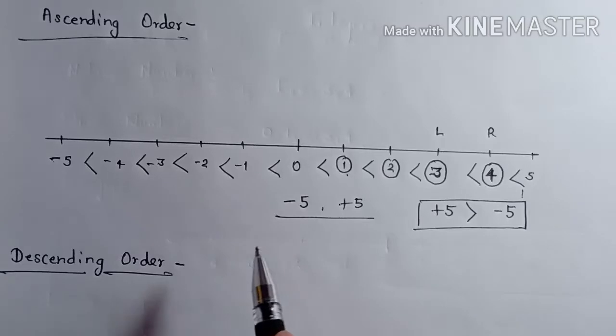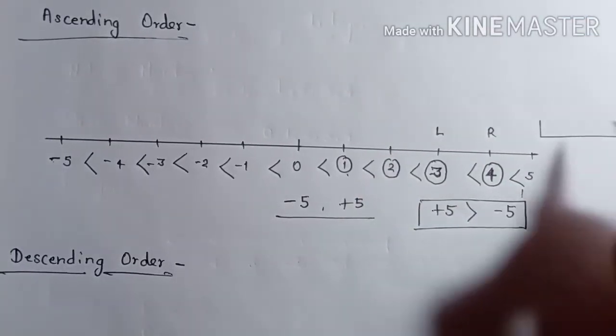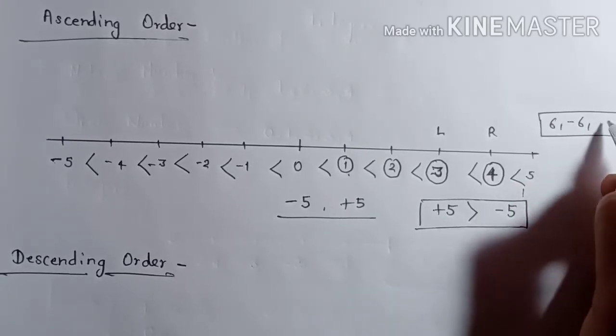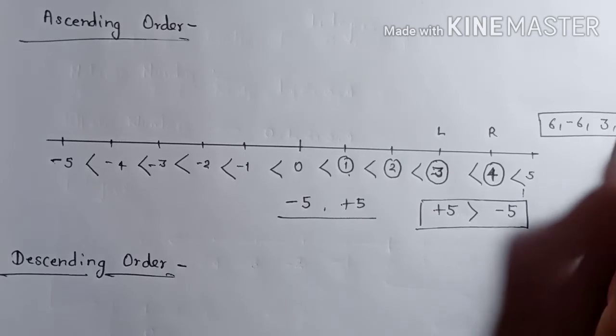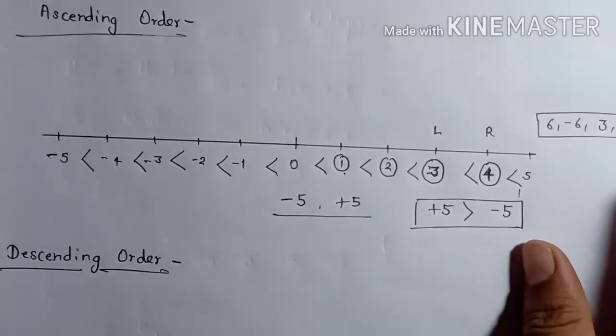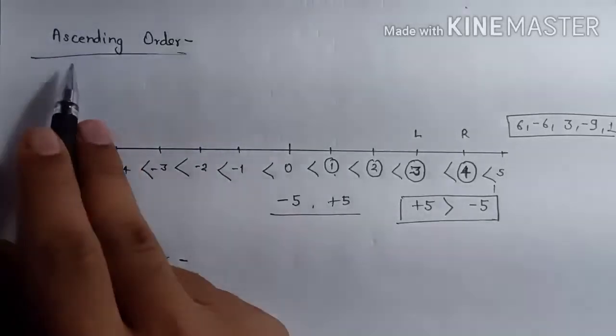And if you have some numbers, 6, minus 6, 3, minus 9 and 1, and you have to arrange these numbers in ascending order, what do you mean by ascending order?